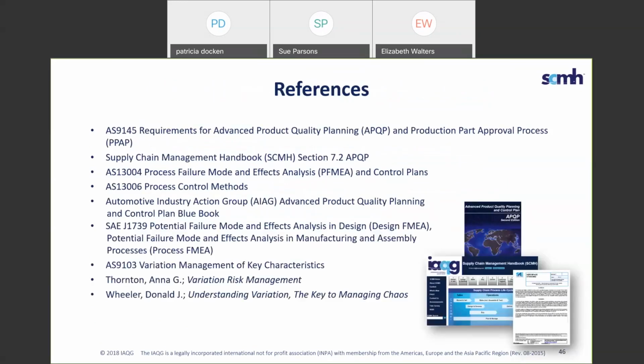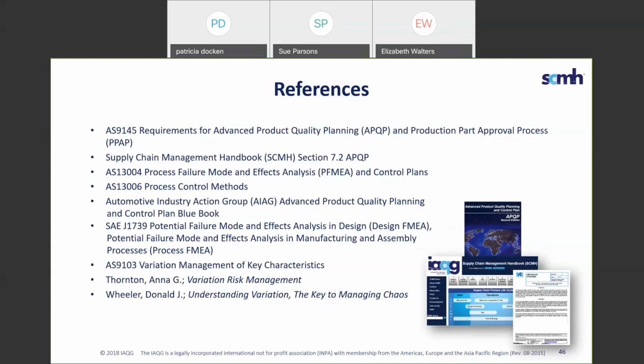Here are some references that we can look at that will help us. If you want to reach out to other AS standards, the SAE standards, there's some understanding variation and key management for chaos.